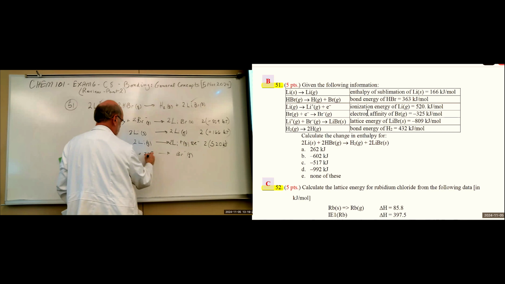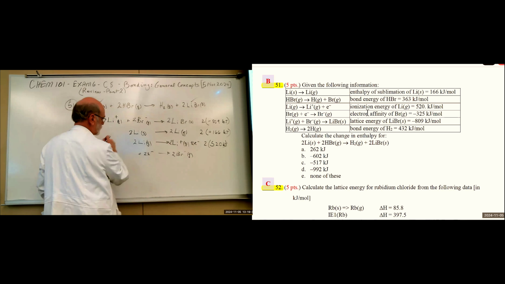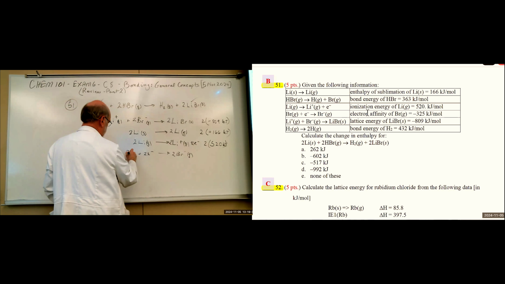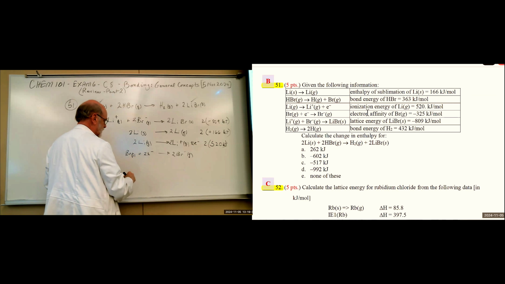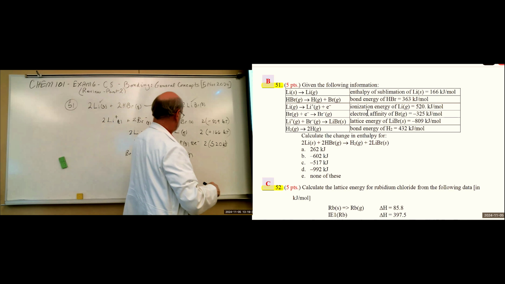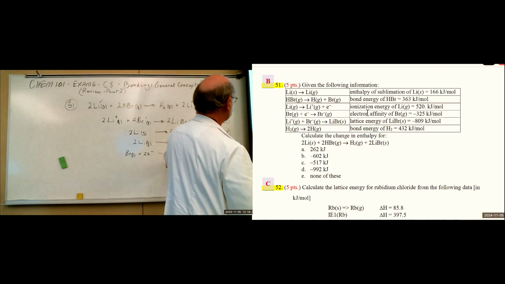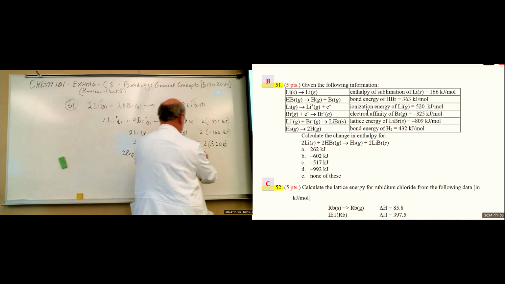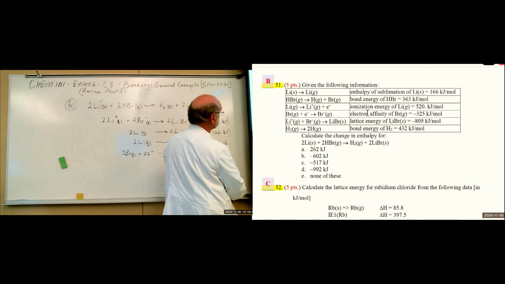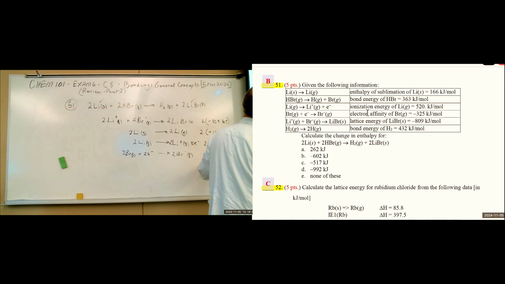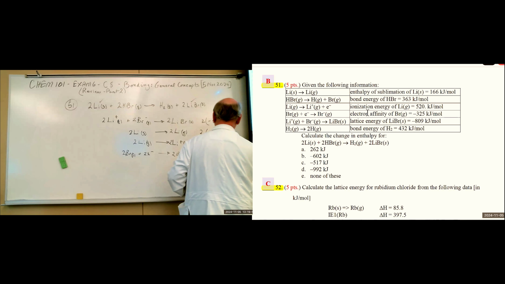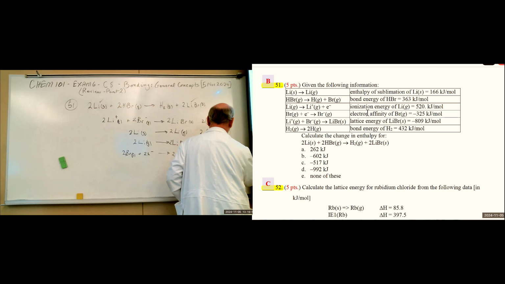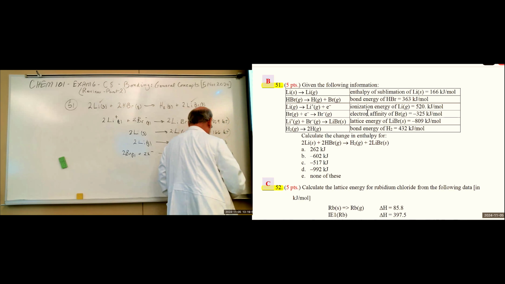And this is 2. This is 2, because that's 2. And the bromine gas is on this side. This is electron affinity. Electron affinity times 2 is 2 times 325, minus 325. Okay.